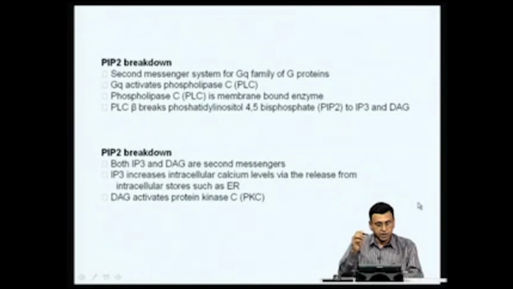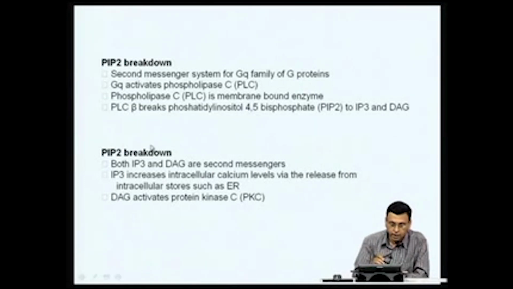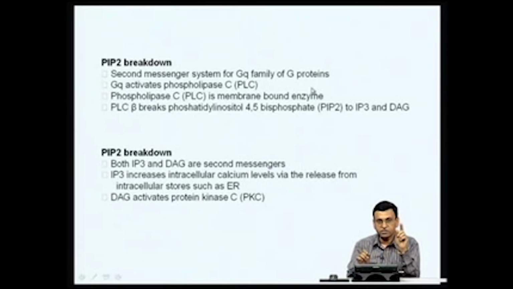Now, phosphatidylinositol bisphosphate breakdown is the second messenger system for the GQ family of G proteins. As I mentioned in the cartoon, GQ is the G alpha subunit, and GQ specifically activates phospholipase C, whereas the GS subunit specifically activates adenylate cyclase, leading to synthesis of cyclic AMP.